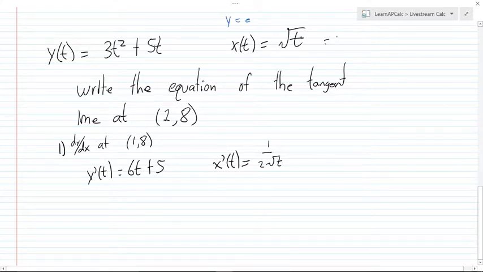Remember that x is equal to t to the 1/2, and thus this would be t to the negative 1/2.